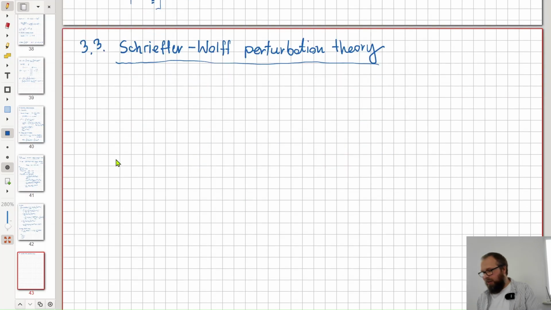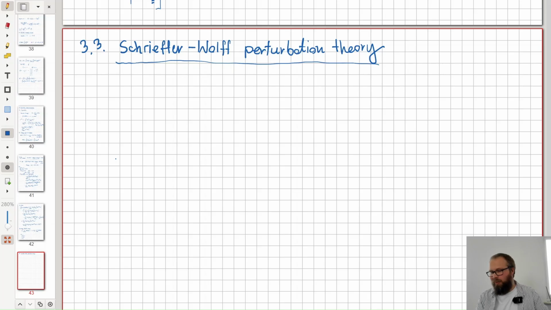Schrieffer-Wolff perturbation theory. So now suppose we have our gapped system and we diagonalize it, so it's like choosing where we sit, whatever we want. We have all the power in the world. But now let's suppose that a perturbation was introduced to our system.